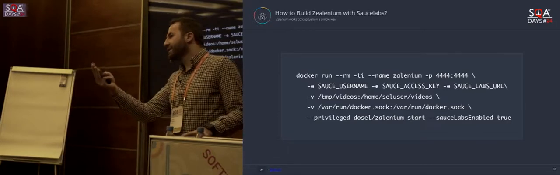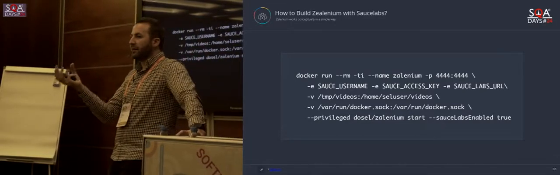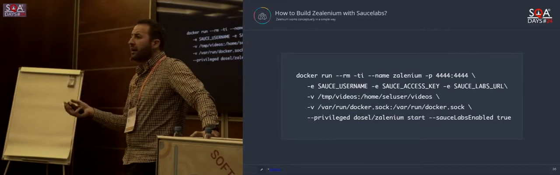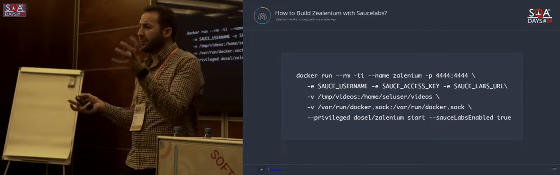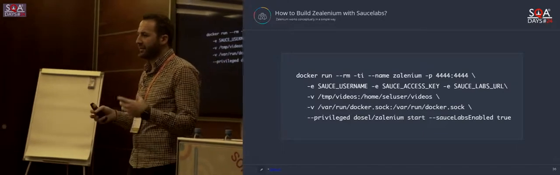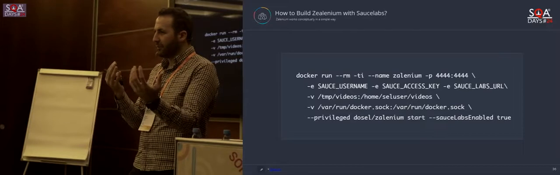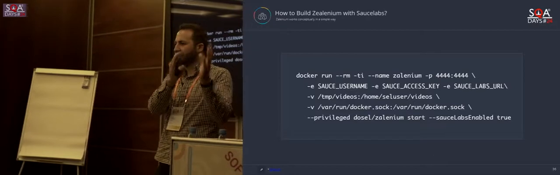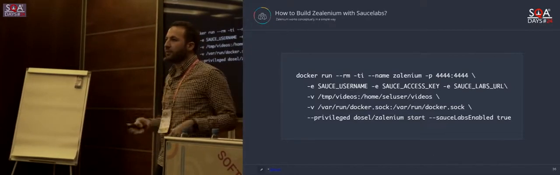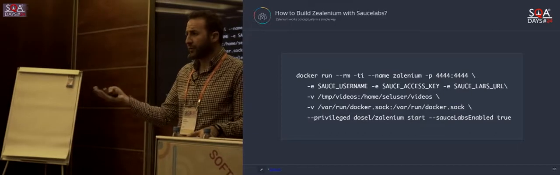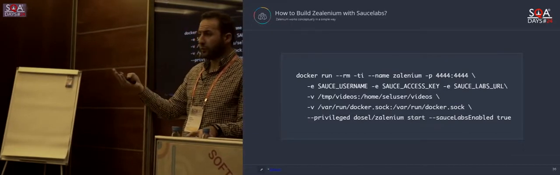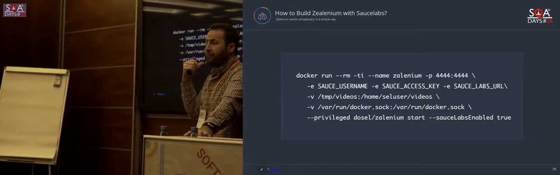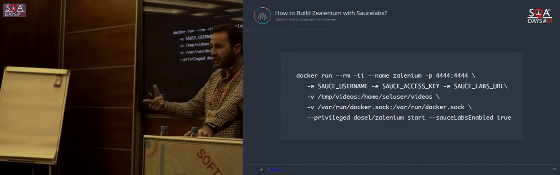I know that Selenoid has very big images, around 1 gigabyte. It's because of the stuff that they created, with video recording inside, so they try to have the same as cloud services like Sauce Labs and BrowserStack, but locally. There is a video recorder and a VNC inside. When you use the official Selenium images, you don't have that recording stuff.